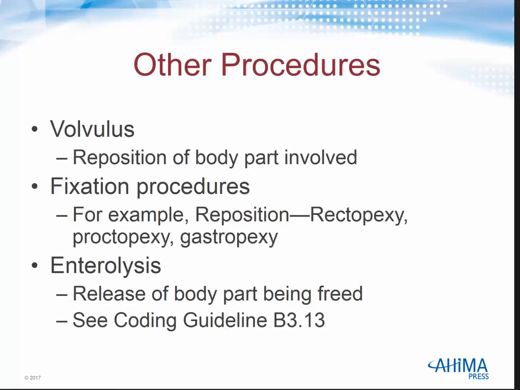The other common operation where you'll see release is a carpal tunnel release, which involves a nerve in your hand and your wrist. So she's saying that when you're coding a release operation, whether it's the wrist or the GI system, the body part value that you reflect in your ICD-10-PCS code will be the body part that's being freed up, not the tissue around it that the surgeon is actually working on.